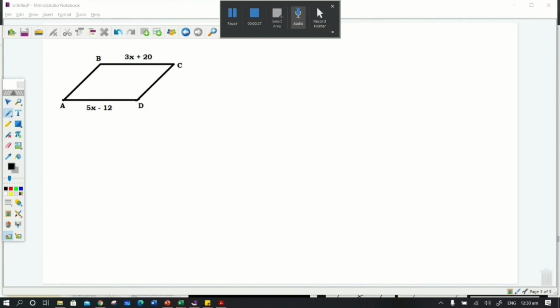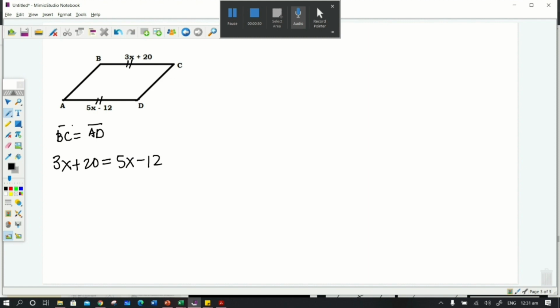Meaning, we can conclude that side BC is equal to side AD. Okay, so these two are congruent and parallel. So the length of BC, 3x plus 20, is equal to 5x minus 12.